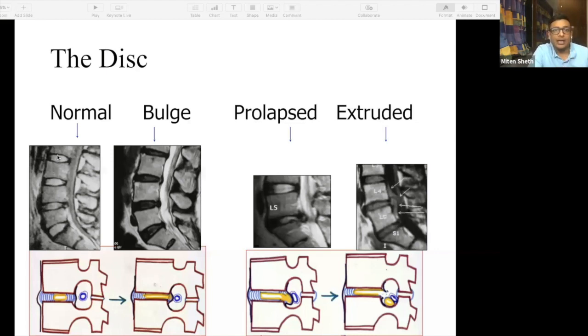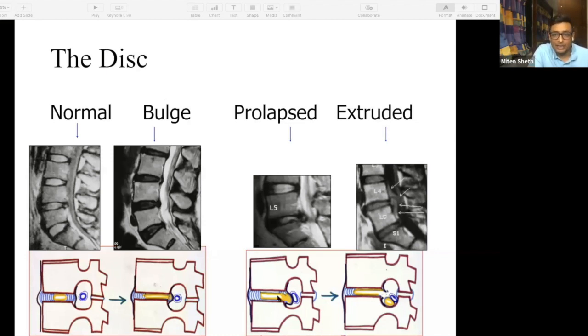When they get degenerated, they start becoming black. They start losing their water content, and the flexibility goes away. Like old sofas, they collapse and start bulging. That is called a disc bulge. This is a very normal finding on an MRI, so this is not very clinically significant.